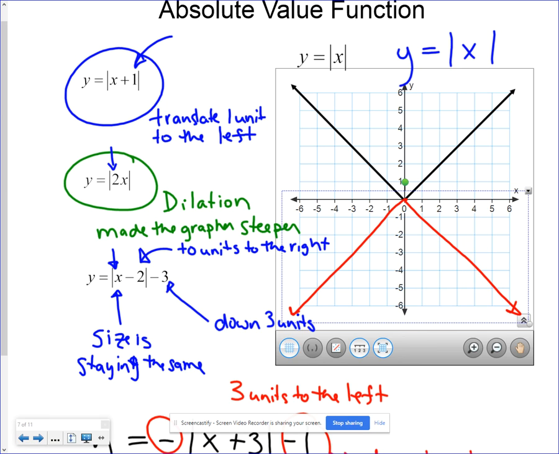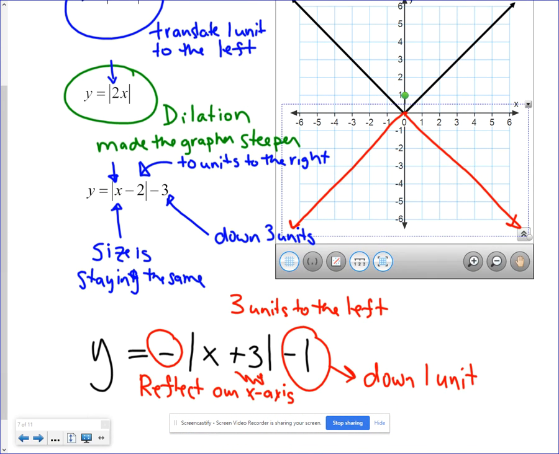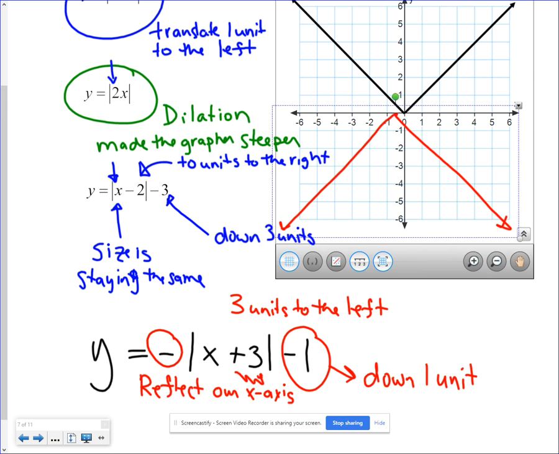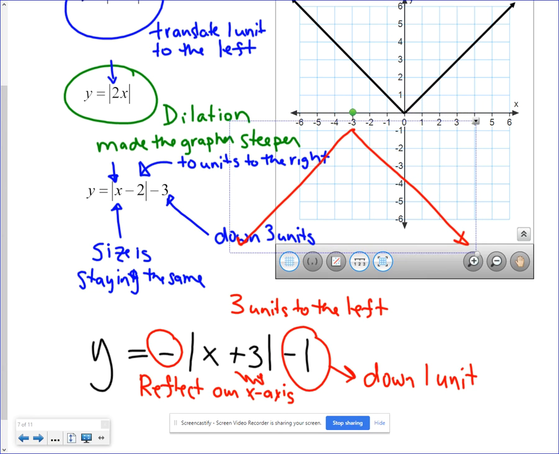So we did the reflection, the negative. And then the plus 3 would take the graph and move it 3 units to the left. 1, 2, 3. And then the -1 will move it down 1 unit. So that would be the new location of my graph.